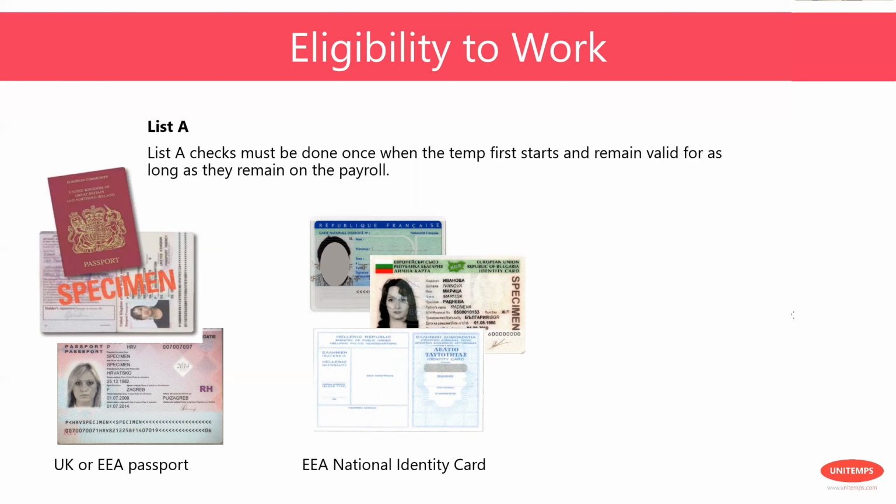Some of them, like this Greek national identity card here, are basically just a piece of cardboard with their details printed onto it and a passport photo stapled to it. It doesn't really matter what format it is, as long as it's an official national identity card for that country, it is valid as proof of right to work. And you just need to copy the front and the back of the card.